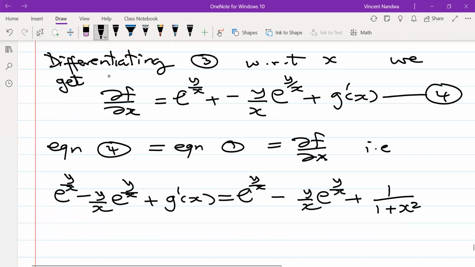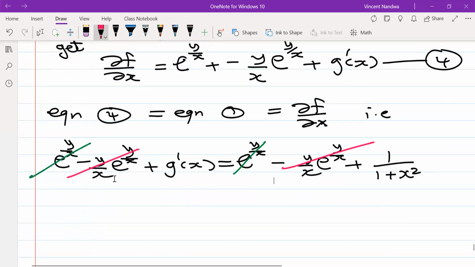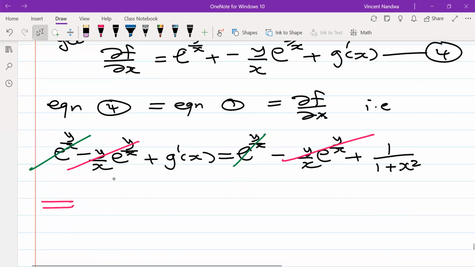So here, we clearly see that this term and this term cancel out, and also this term and this term cancel out. Which implies g prime of x is 1 over 1 plus x squared.